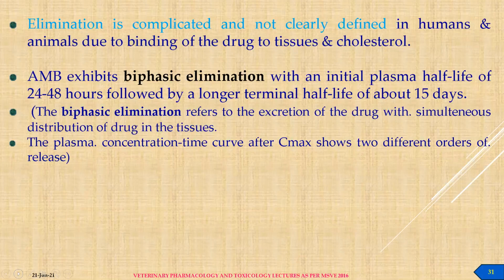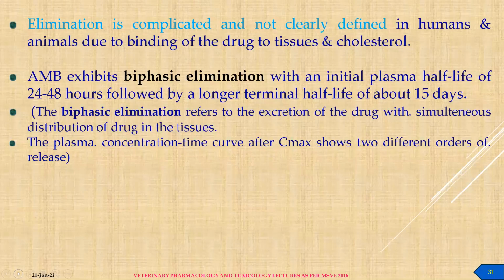Biphasic elimination means that immediately after administration the initial plasma half-life is 24 to 48 hours, but it also has a longer half-life of 15 days. This biphasic elimination refers to the excretion of the drug with simultaneous distribution in the tissues.